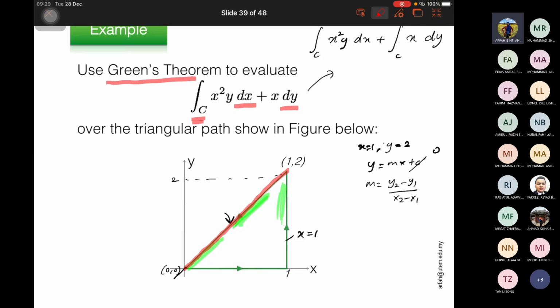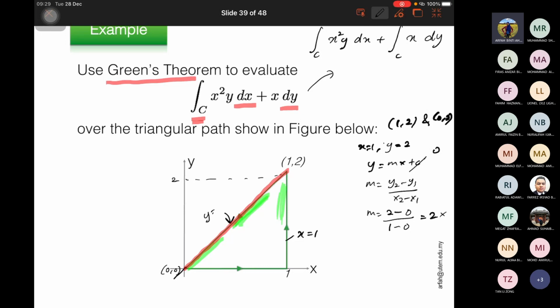So equation for this one, kalau awak gantikan, m akan sama dengan titik dia 1, 2 dan juga 0, 0. So if you substitute in here, y2 tolak y1, 0 bahagi dengan 1 tolak 0, dapat 2x.